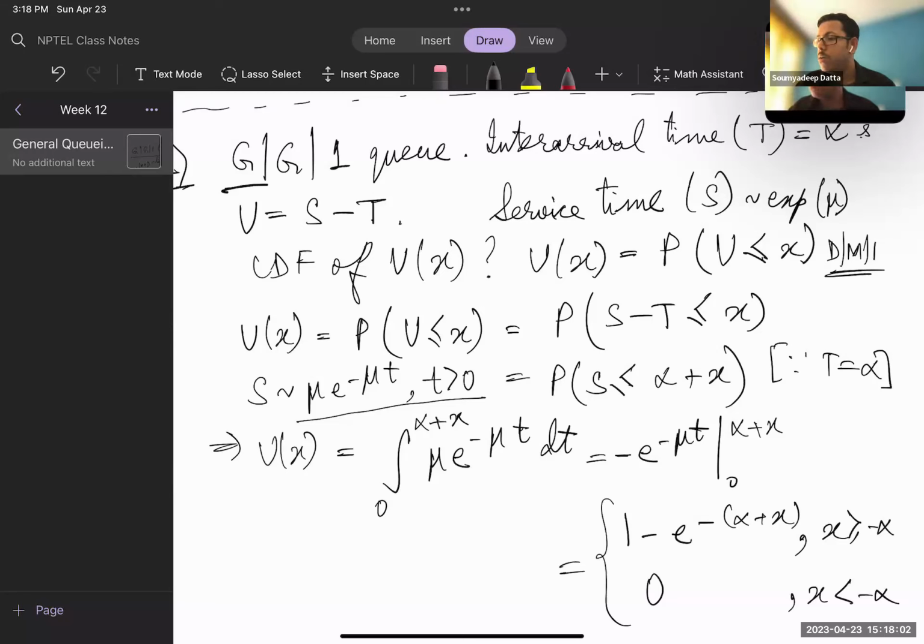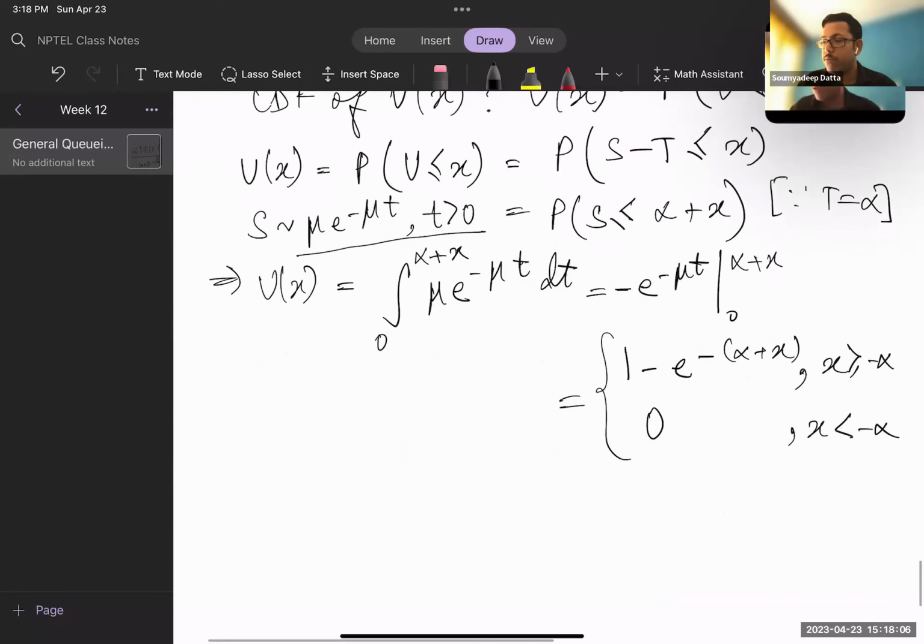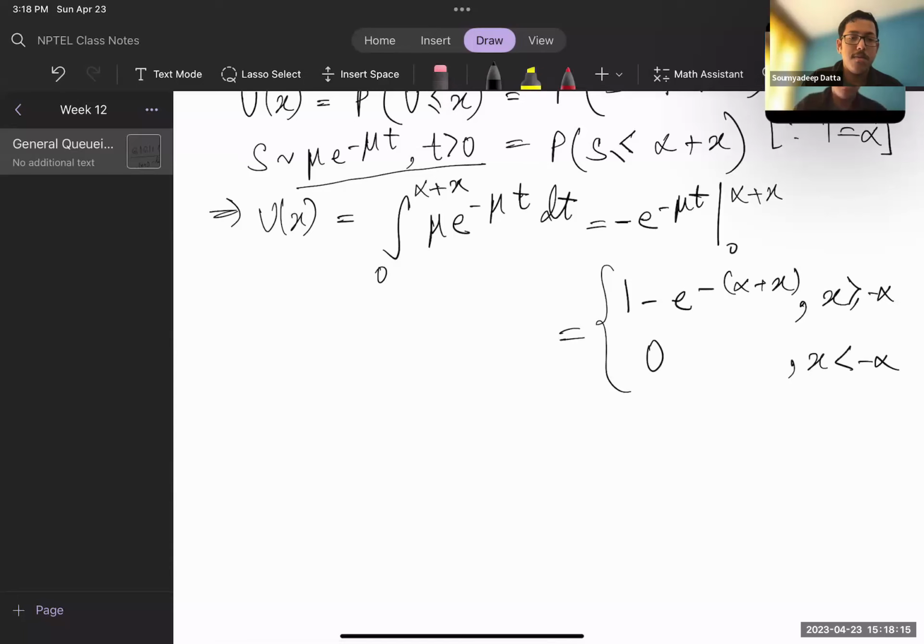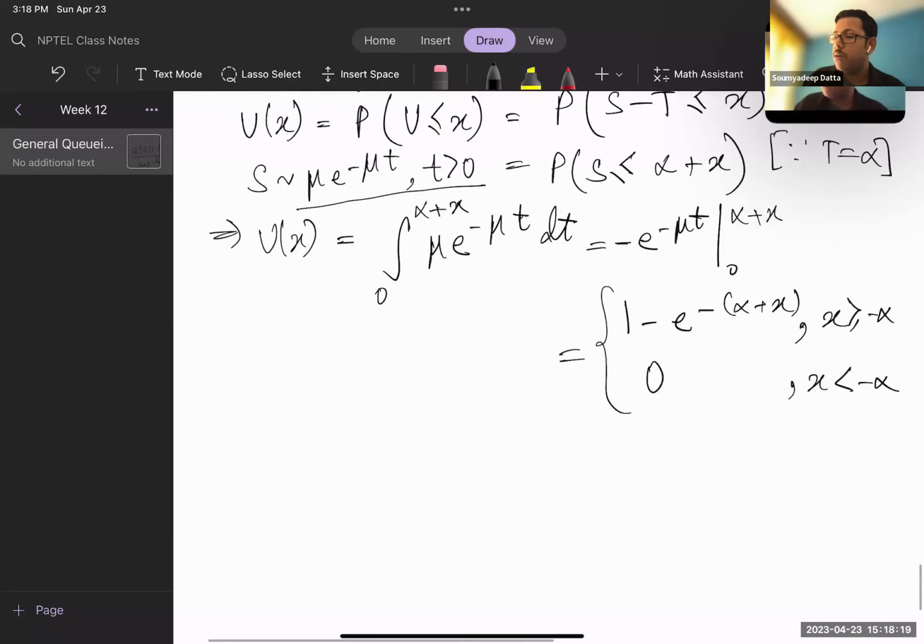Then do the integration and just be careful when you're solving. So this is the approach. Once you have the PDF, you can do a whole variety of things, right? So let's say you want to find the expectation of u, right?